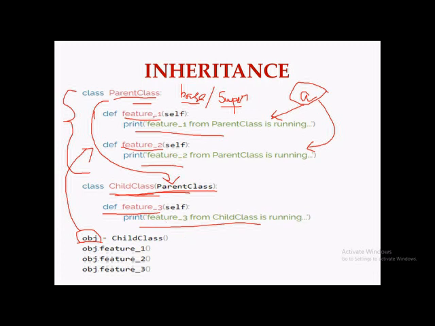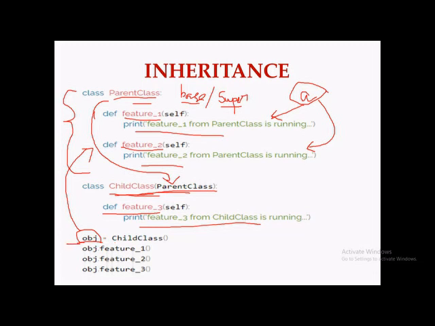But in the case of inheritance, there is no need to create an object for the base class. Even so, by using the object of the derived class we can access the functions and variables of the parent class. So this is the concept we normally follow in inheritance. There is no need to create an object for the base class.